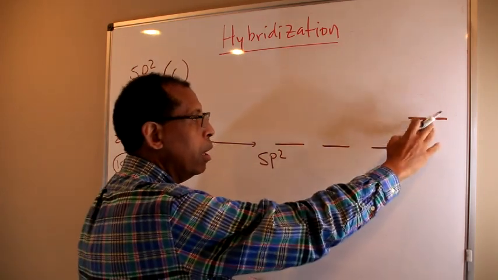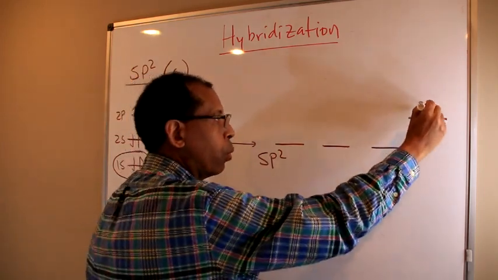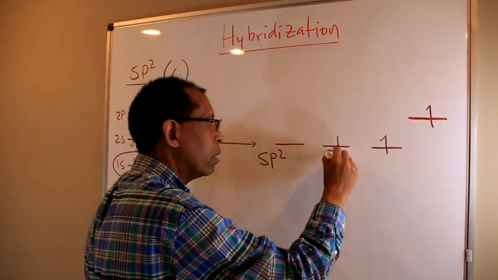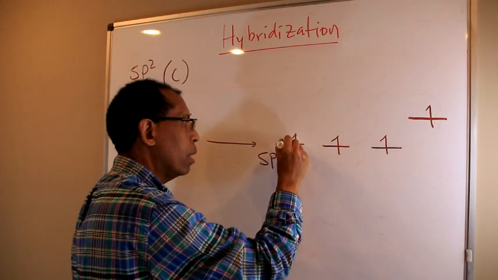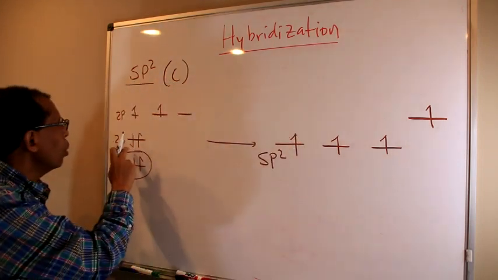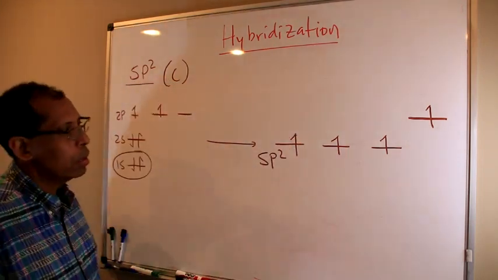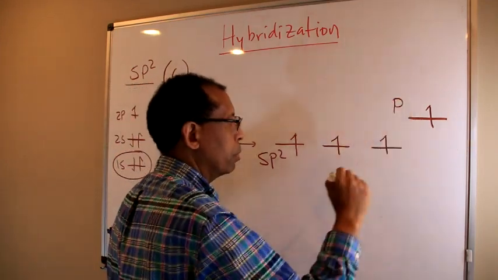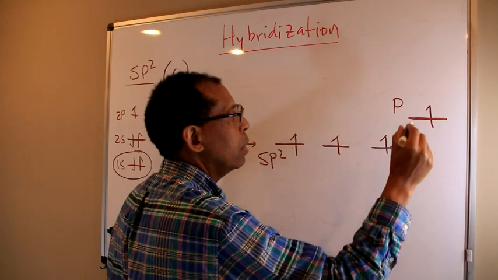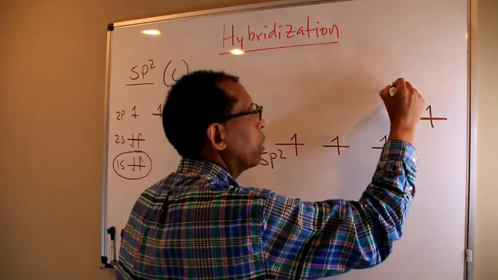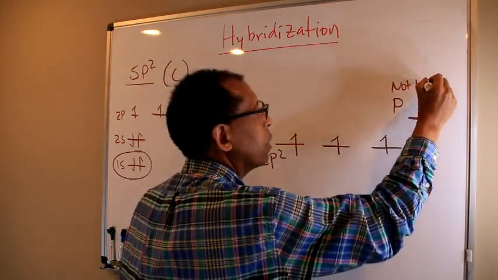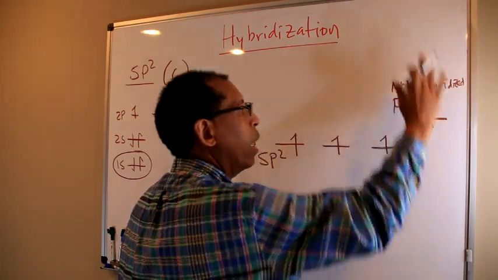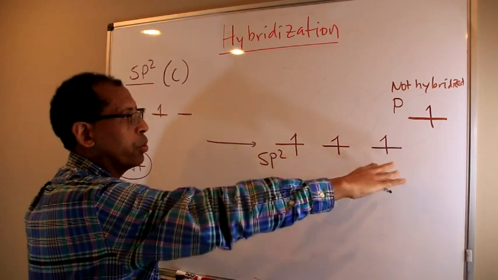One of them is a p orbital with 1 electron, which is not hybridized, but the 4 electrons are distributed like this. So 1, 2, 3, 4 electrons. This one p orbital is not hybridized. That's why it's at higher energy than the 3 others.